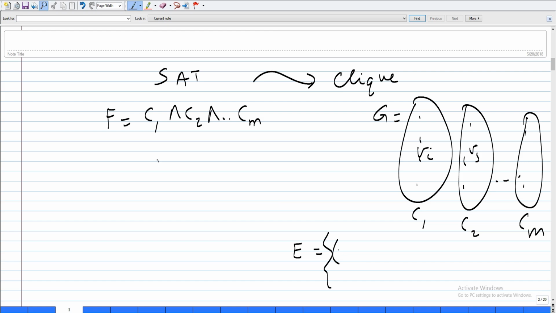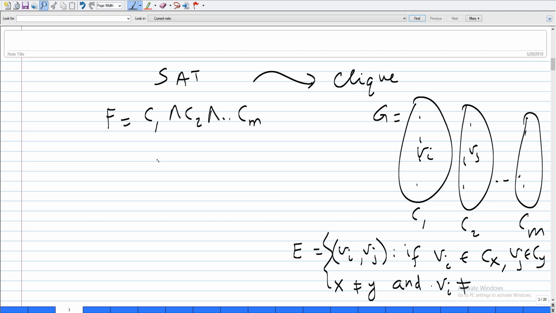You have an edge ViVj if Vi is in some Cx and Vj is in some Cy, x is not equal to y, and the corresponding variable xi is not equal to xj bar. If these two variables are not contradictions, negations of each other, I will draw an edge. So, the moment you give me a formula, I have given my graph and I will give you an integer m, and the claim is f.